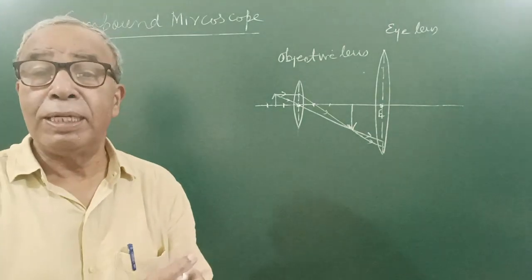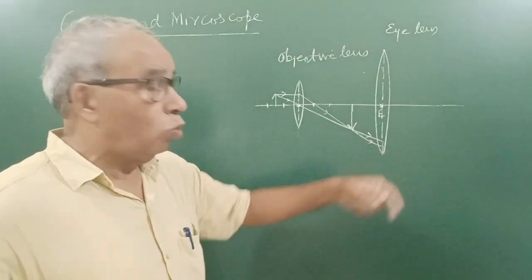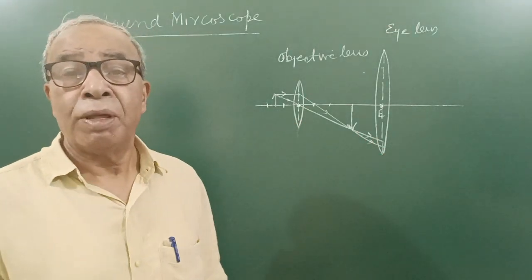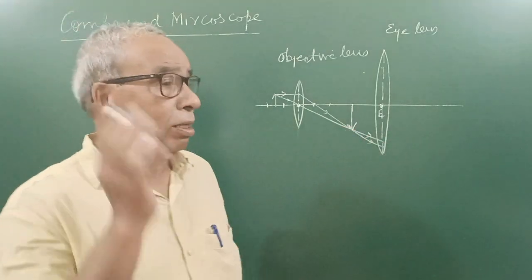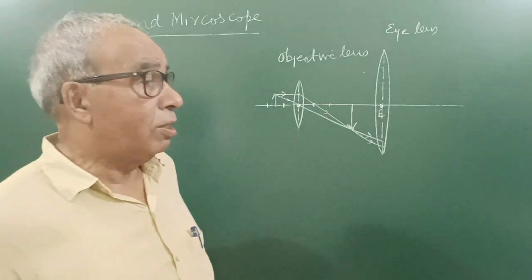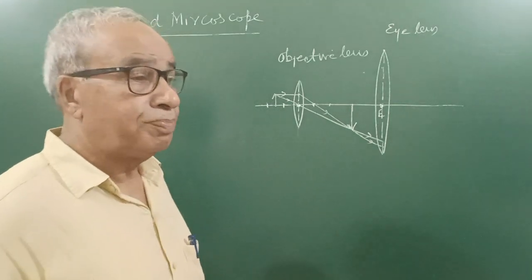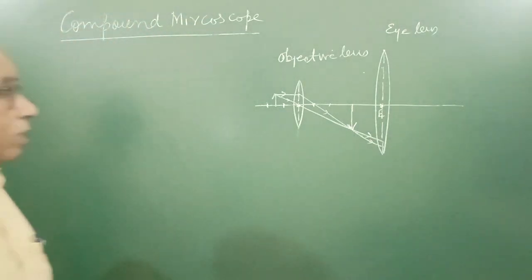Now the difficulty lies here. We do not know how to refract these rays, but we know that when they are incident parallel to the principal axis, they are refracted through the focus, and the ray passing through the optical center goes straight.